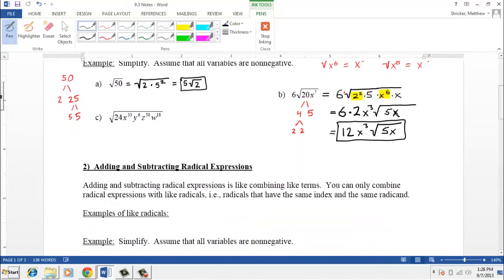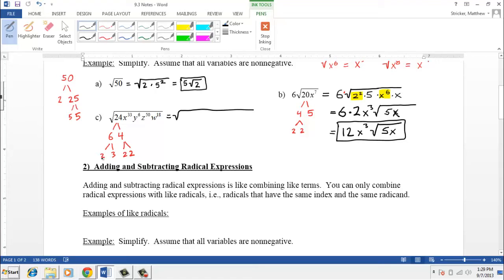We have one more simplification problem here. Again, if we do the same kind of thinking, we could think of this 24 as 6 times 4, and then we have 2 times 3 and 2 times 2. So we could rewrite what's underneath this radical.